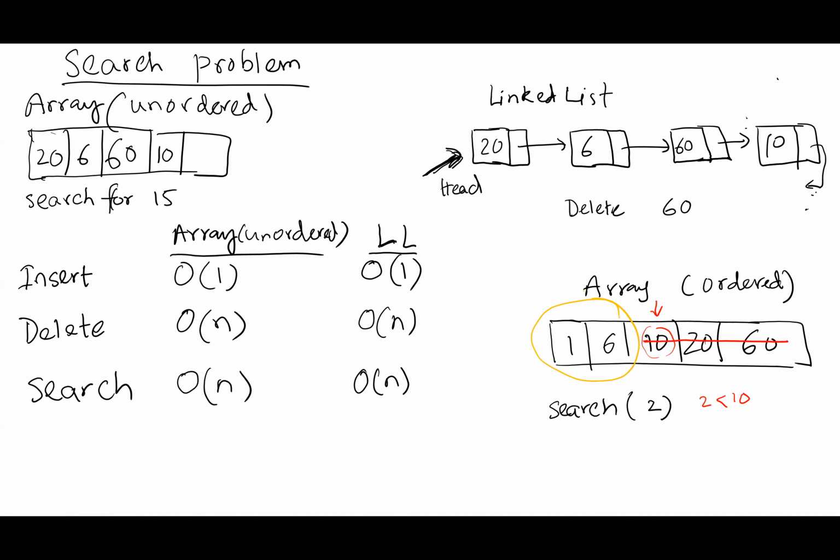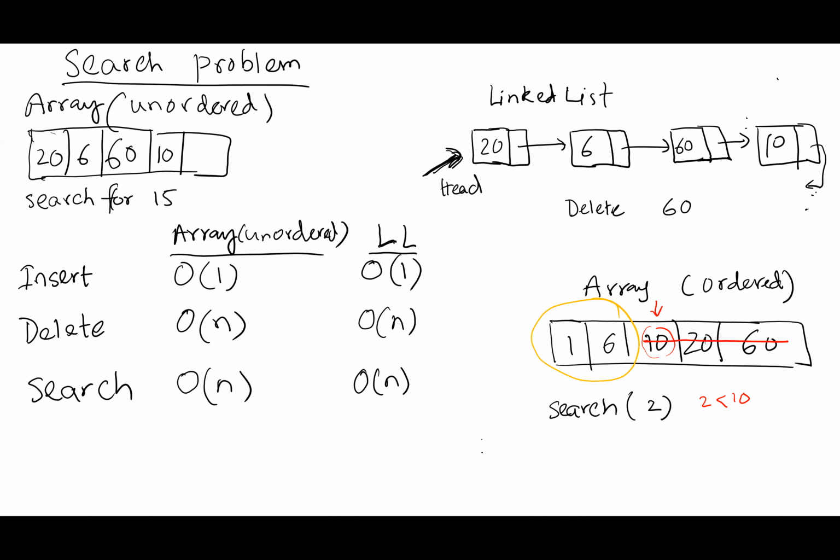We keep on doing this until everything is exhausted. So this is binary search. We have already talked about binary search in the previous videos and lectures. The thing is, we are reducing the search space by half every time.